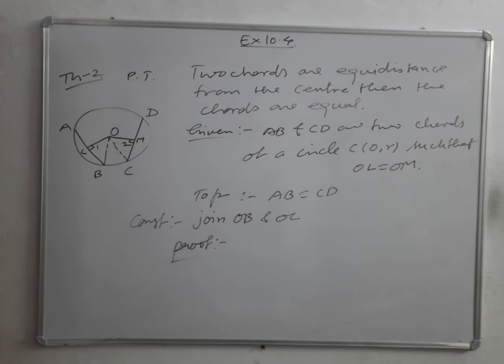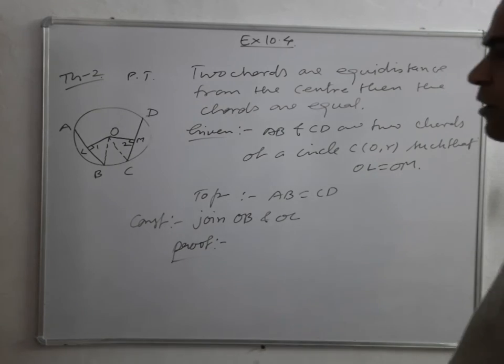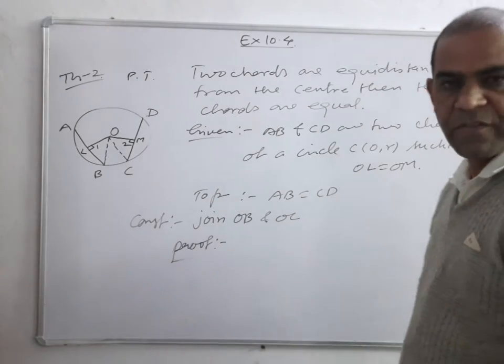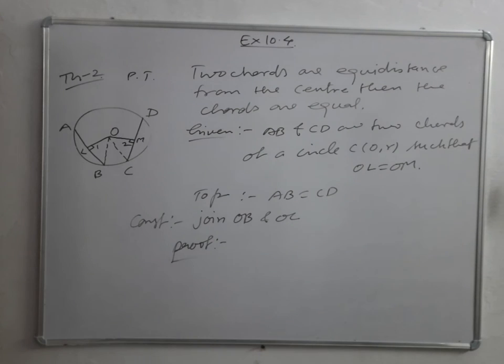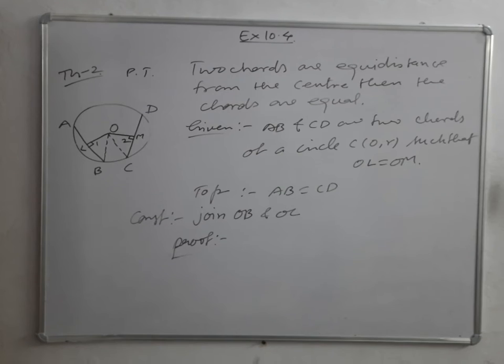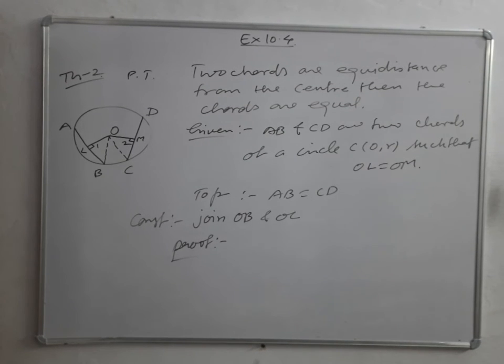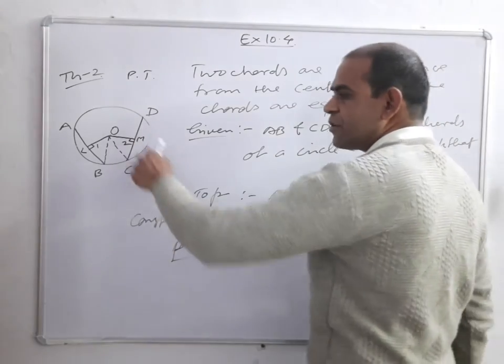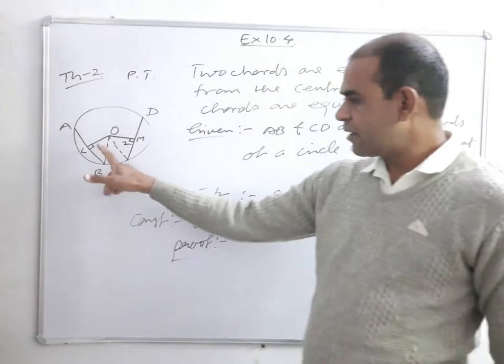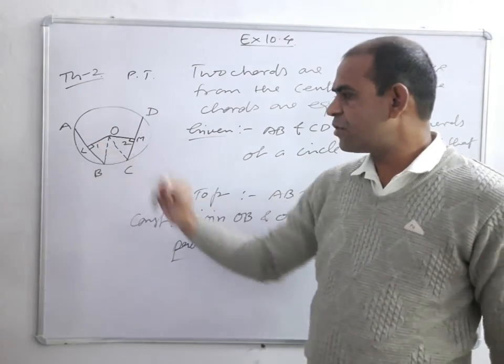But here OL bisects AB, but AB and CD are not known to be equal. So we cannot use BL equal to CM. But OB and OC are the radii of the same circle. So we can use OB equal to OC. So right angle, hypotenuse and side.